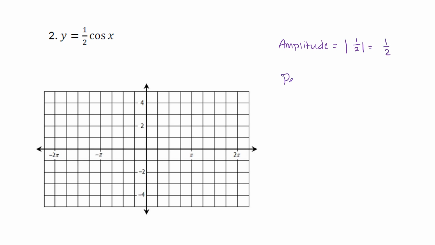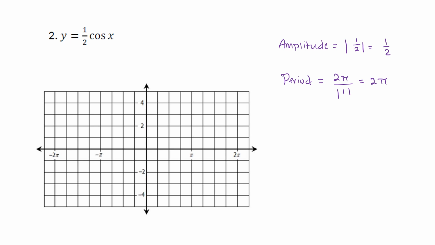Our period will be 2 pi divided by the absolute value of b, which is 1. So our period is 2 pi. And the parent function for cosine x has a period of 2 pi. All right, so the only change in our parent function is going to be the amplitude. So instead of the amplitude being 1, it's now going to be 1/2.